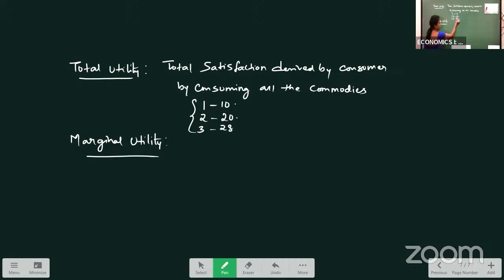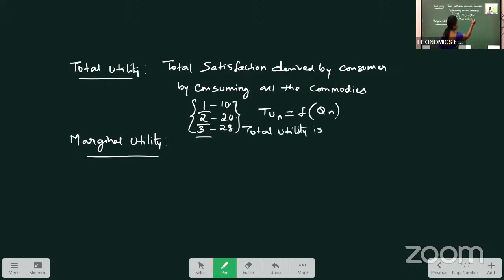So here we can say total utility is a function of quantity. Means as our quantity increases, our total utility also increases here. So here you can see, as I take more and more quantity, my total satisfaction is increasing. So it is a function of quantity.